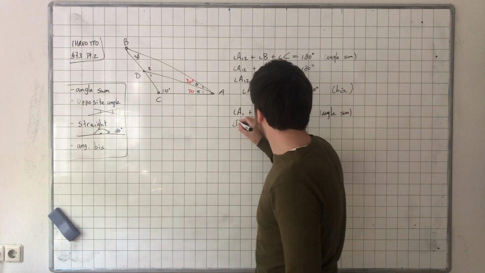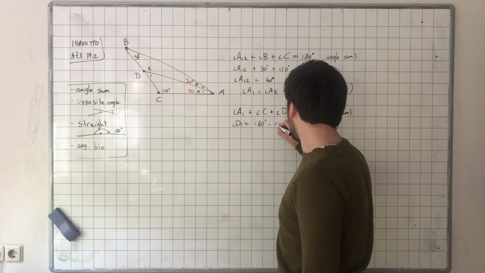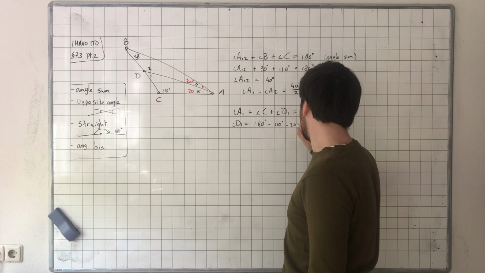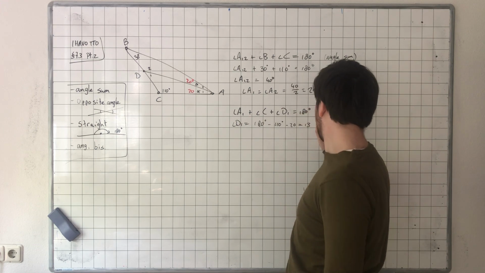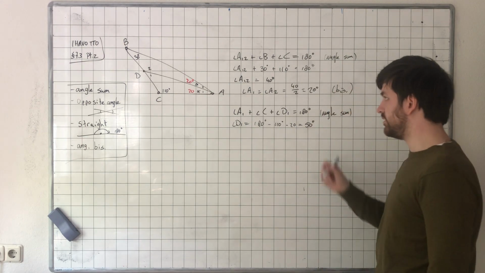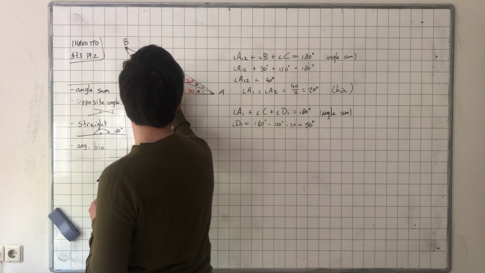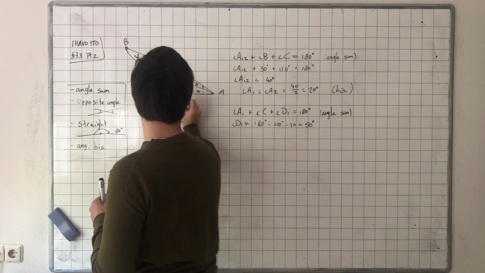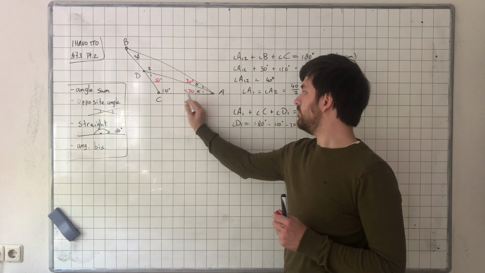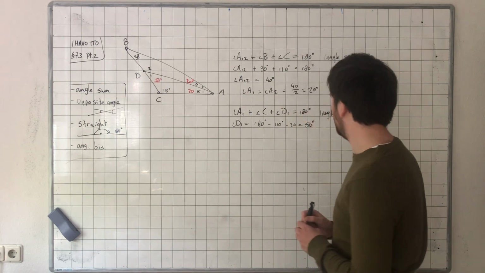Angle D1 is equal to 180 minus the other two, 110, 20, which means that, careful, it should be 50, because 50 degrees plus 20 is 70, plus 110 is 180 degrees.